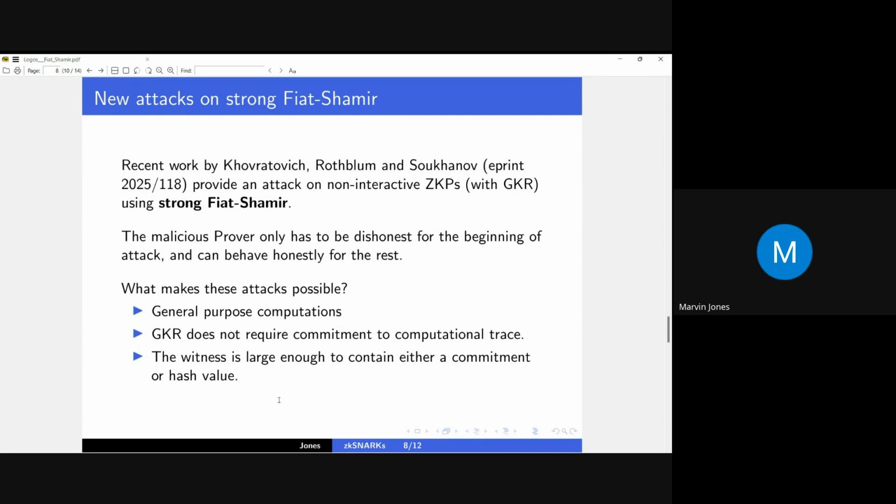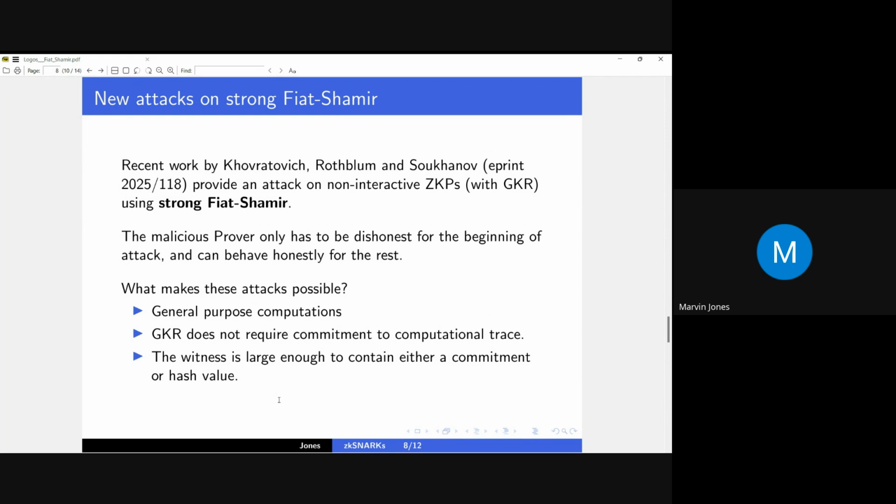We have this new attack, which uses GKR, but not quite fully. But the more important part is it's assuming that we have strong Fiat-Shamir being used. And that's the terrifying thing.